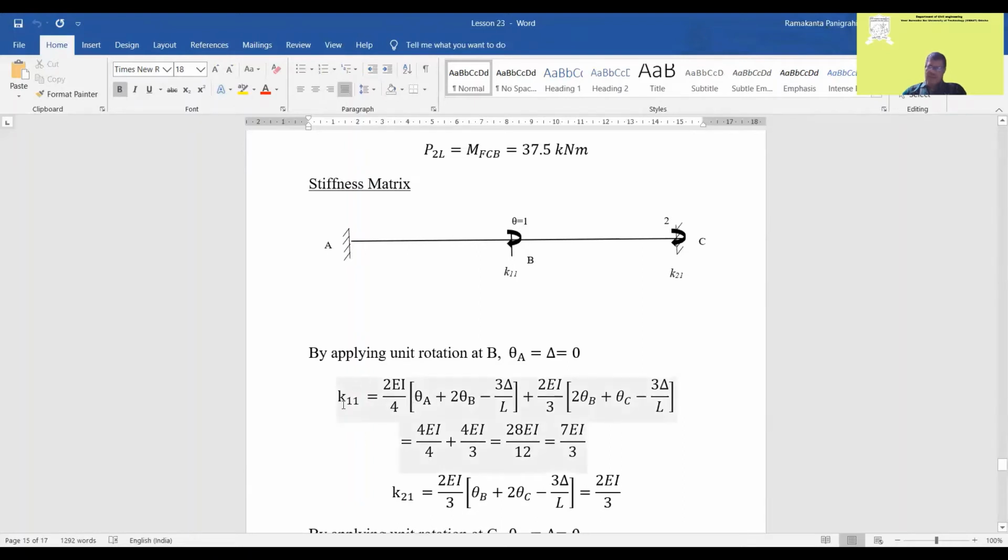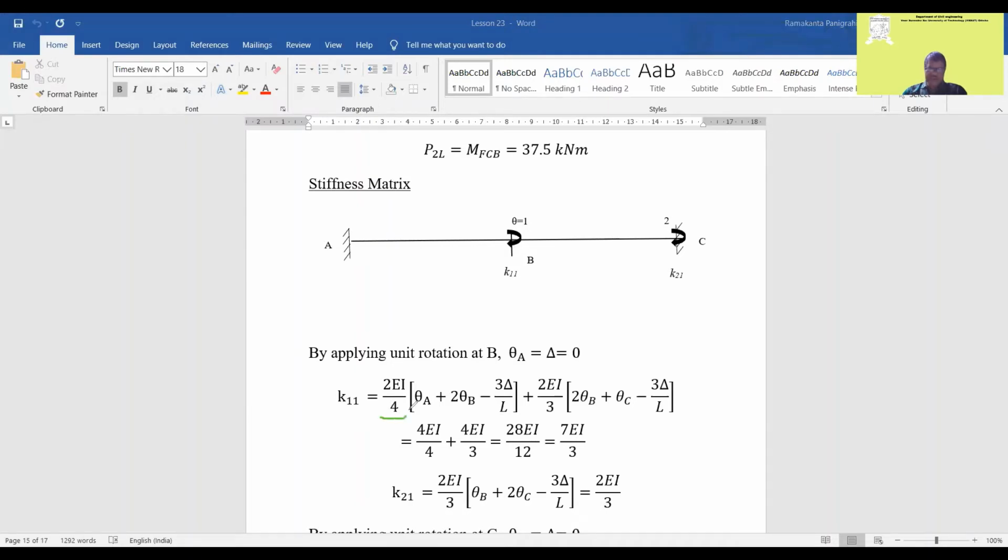K11 is the moment developed due to the theta we are providing. You know the moment developed by the slope deflection method, MAB is equal to EI by L times theta A plus 2 theta B minus 3 delta by L. This is L, not 4. This is the L value, and the L value will be different for different members.